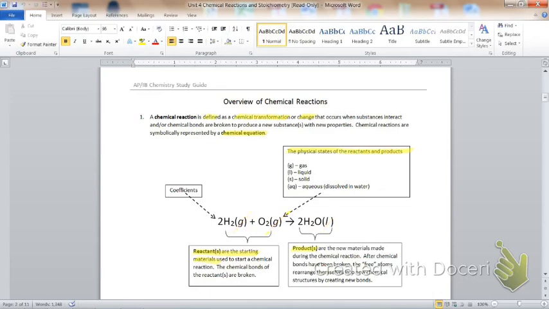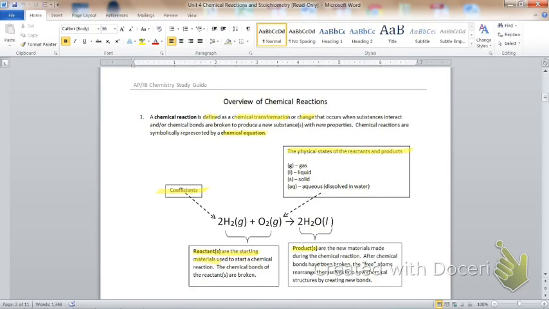Now, what else we include in a chemical equation are known as the coefficients. The coefficients go in front of the products or the reactants, and the coefficients just indicate how many of the type of materials that we have.